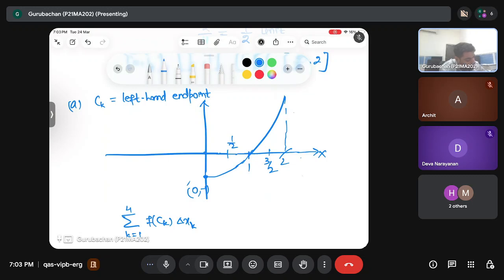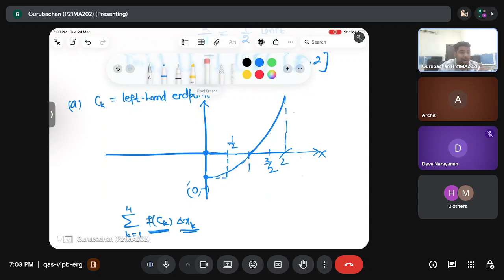This is 0, right? And what is the value at 0? It is minus 1. So what will be the rectangle? It will be like this. Observe here, this is giving you the height of the rectangle and this is giving you the length. Here the length of the rectangle is half and f of ck is at the left hand point. So it will be like this.